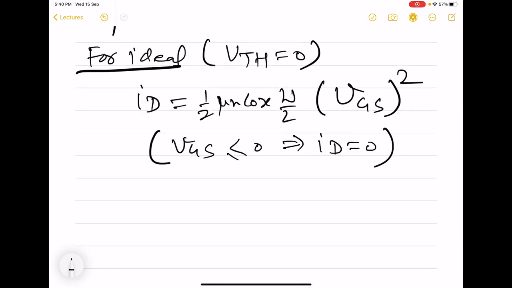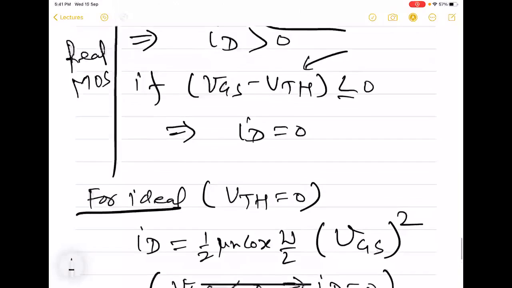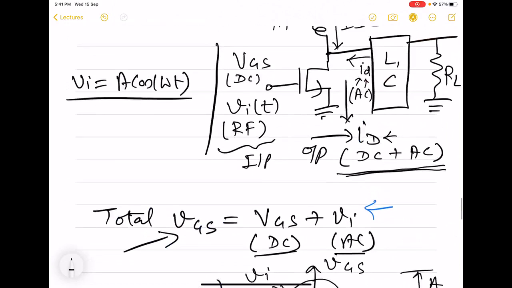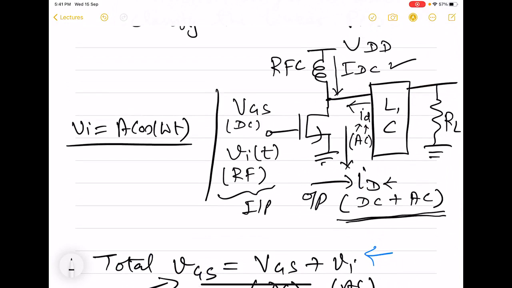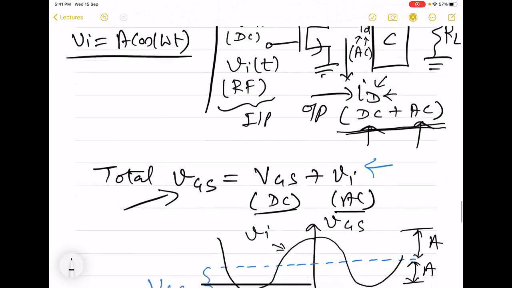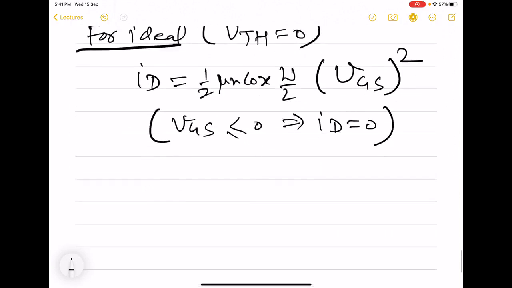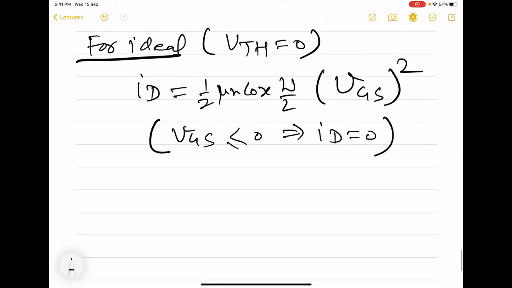Only for positive gate to source voltage will there be a finite non-zero total drain current. Now, I pointed out that in general, we will have two components for the drain current here. You can see a DC component and the AC component. So let us briefly see what those two components will be before we proceed to talk about the various classes.